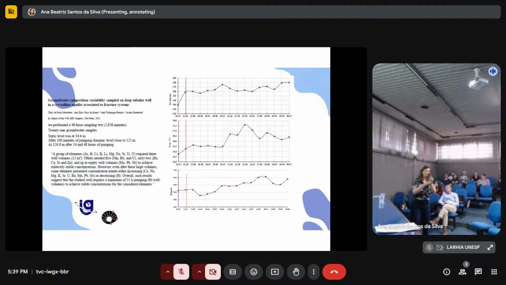Right in the beginning of the research, we had doubts about how long we should keep the pump running to start collecting the sample. Some people say, you just purge 3 volumes of water, and it's all right.